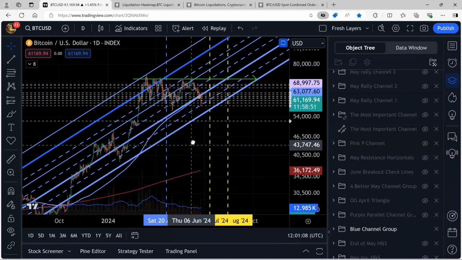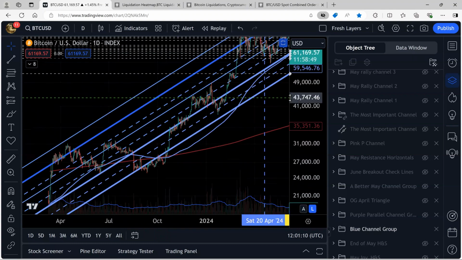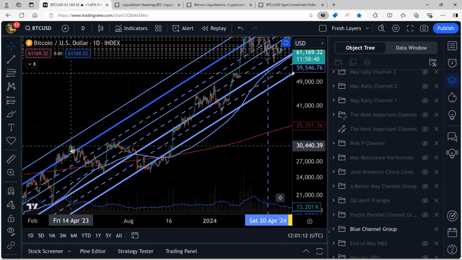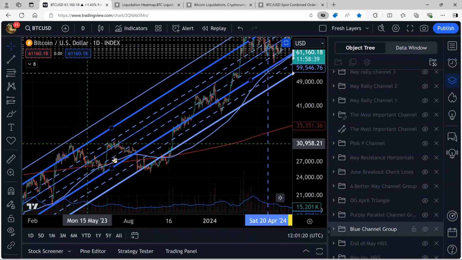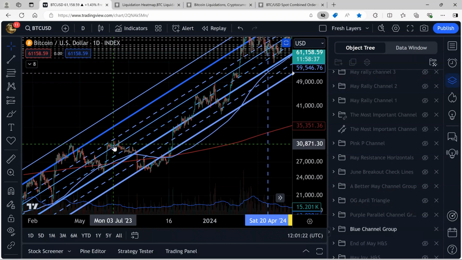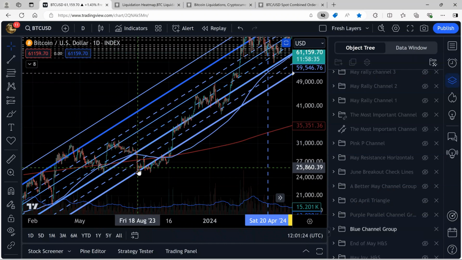But this has happened in the past. This is exactly what went on right here. Actually, we attempted to break it here, but we weren't able to and fell back down. This is kind of exactly what's going on right now.